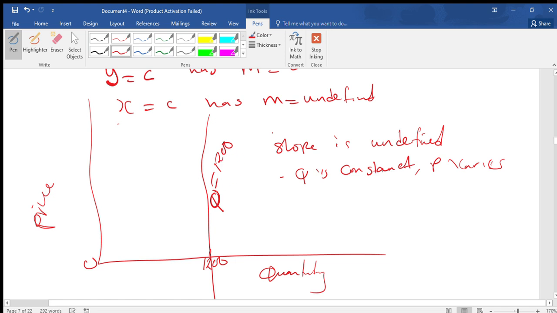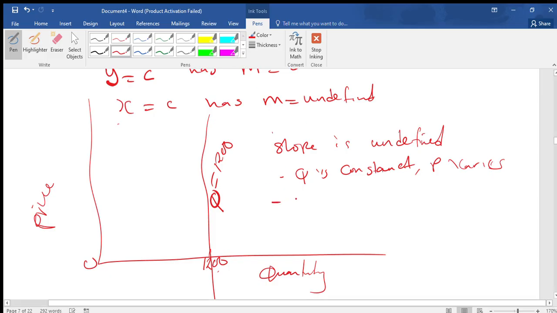You can see there will be various prices changing. When they bump the curve, they will still find the same value of quantity. So Q is constant, but P will be changing. For every change in price, Q remains the same. That's the concept. So there will be no change in the quantity for any change in prices.